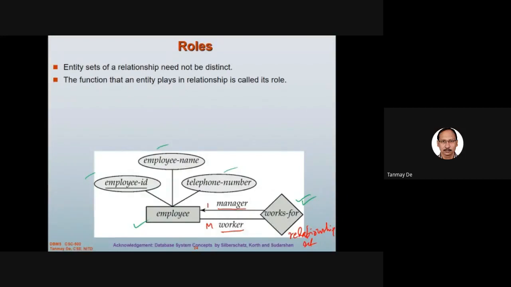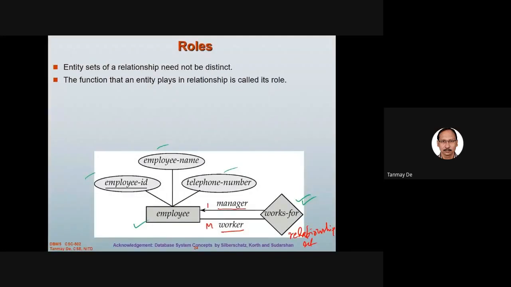So to reflect that property, such a constraint, that is who is the manager and who are the workers under this manager, can be reflected by this ER diagram.